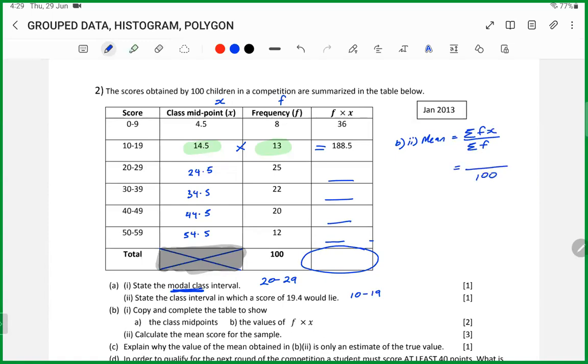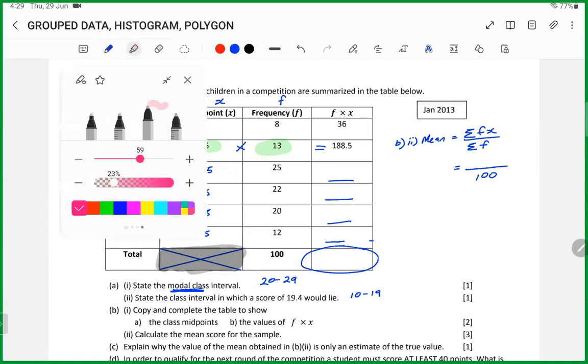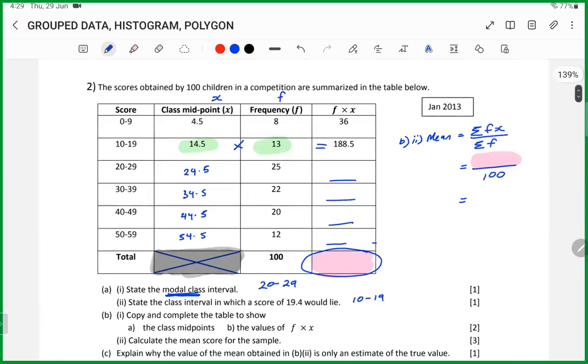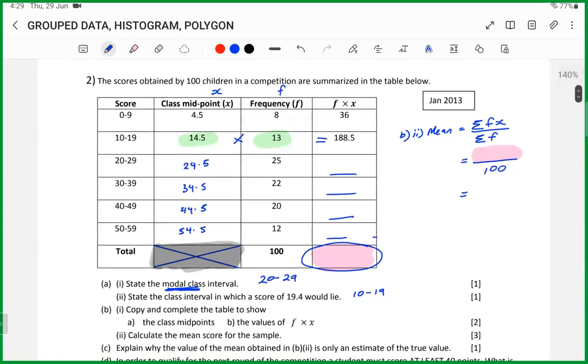So whatever number you get here, that is the sum of fx. And then the sum of f is 100. You get it? So I'll give you some time to copy that down and complete the table. Go ahead.